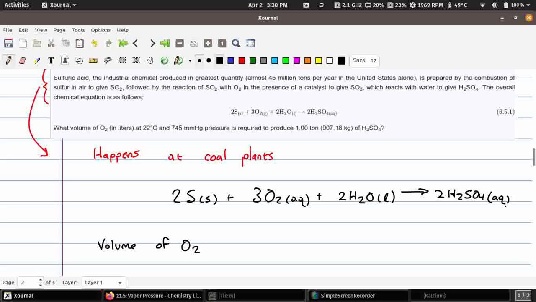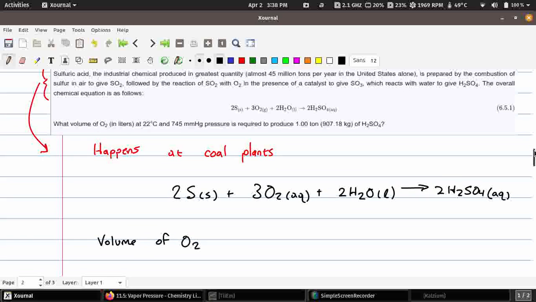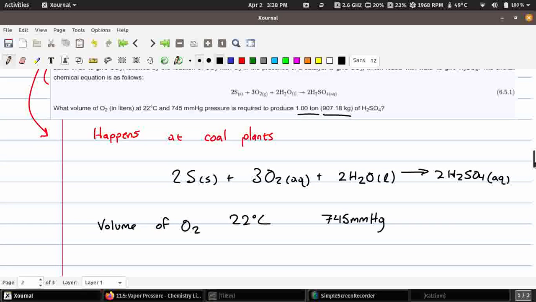Okay, so anyways, what volume in liters of O2 at 22 degrees Celsius and a pressure of 745 millimeters of mercury is required to produce 1 ton, or this many kilograms, of sulfuric acid?